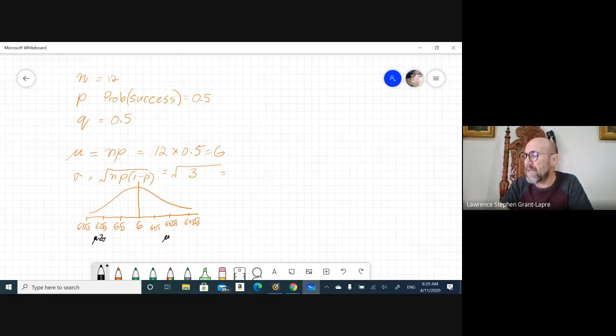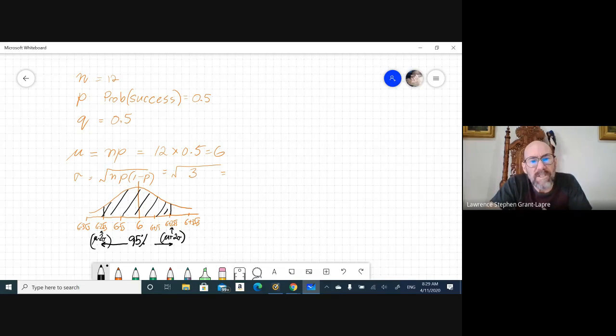This is the mean plus 2 standard deviations here. And the area between down 2 standard deviations and up 2 standard deviations, as you will recall from before, is 95%. So we've got a 95% probability of being between the mean minus 2 standard deviations and the mean plus 2 standard deviations. Well, that's a little bit of revision.